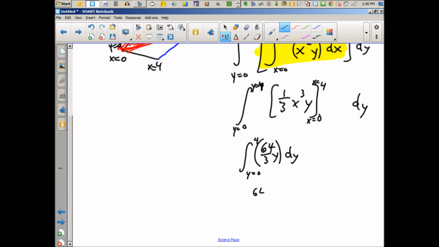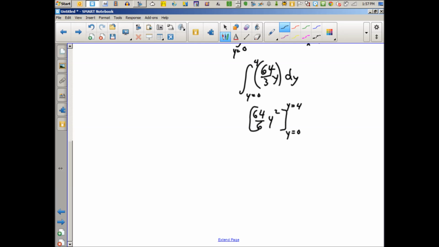So we end up with 64/6 y squared, going from y equals 0 to y equals 4. I told you this isn't hard. Only the concept is hard. That's 32/3 times 16 minus 0, so 4 squared minus 0 squared. So our answer is 512/3.